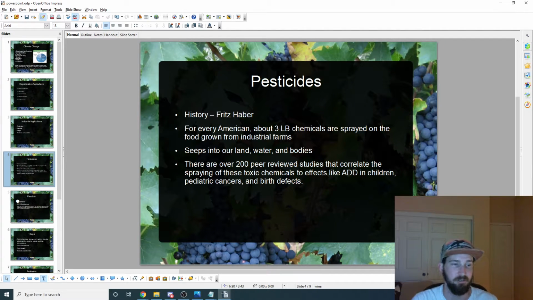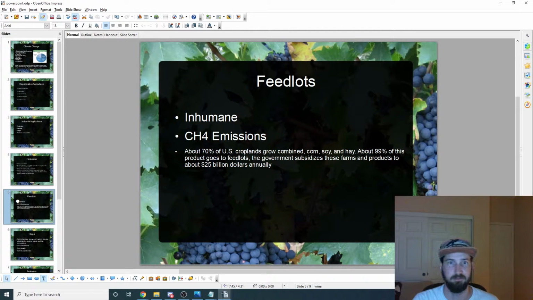There are over 200 peer-reviewed studies linking ADHD in children to these sorts of pesticides. For feedlots, they're just straight up inhumane. They're packing cows and other livestock tightly together, and then they're just feeding them corn and grains, so it's not very nutritious. And then they're just getting butchered.